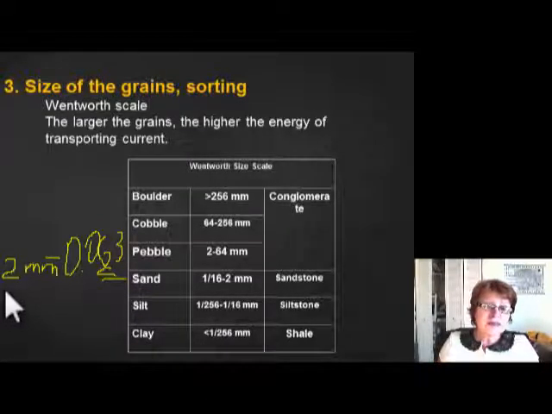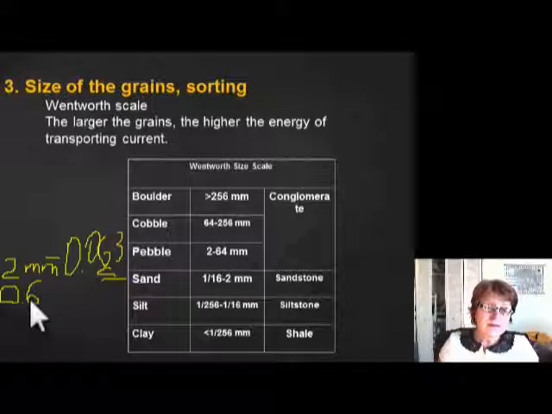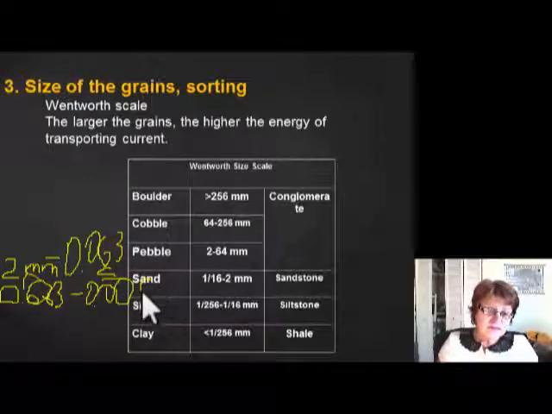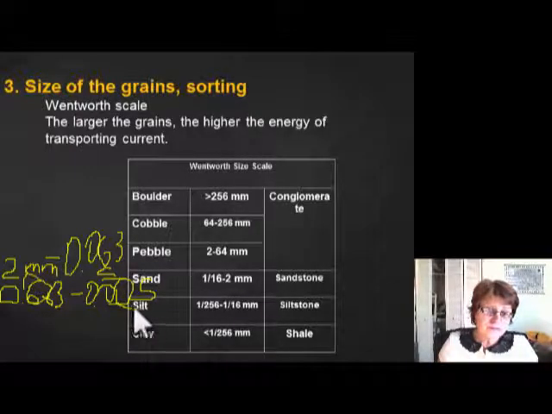So 2 zeros and a 5. And that's the siltstone. And the clay is less than 0.005.